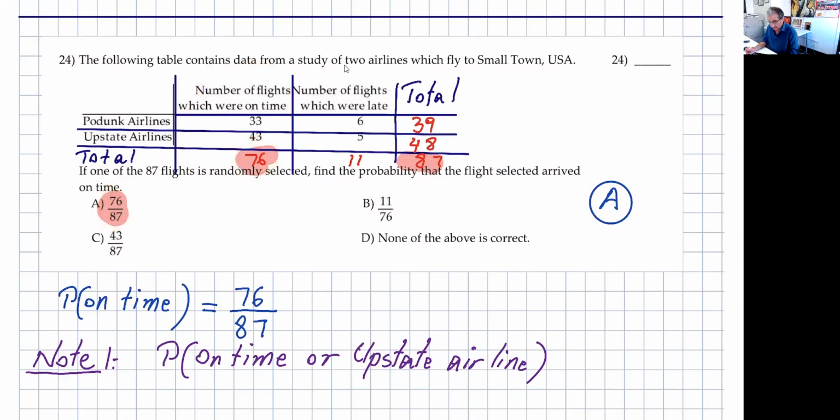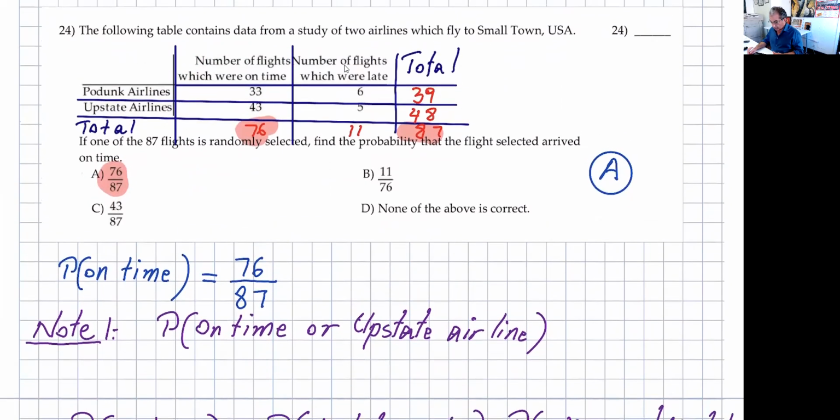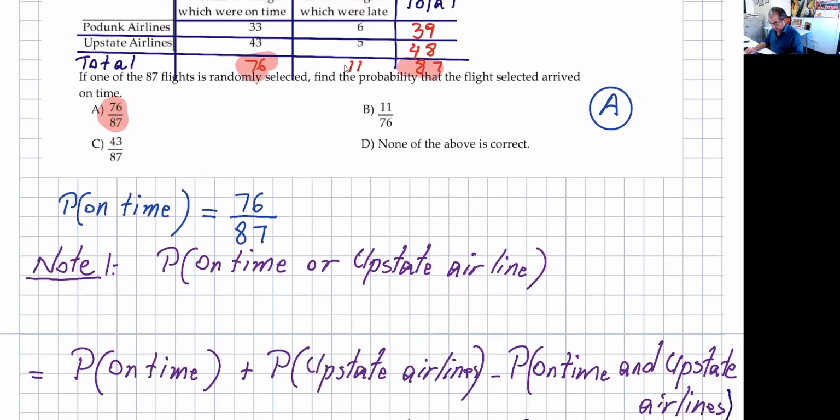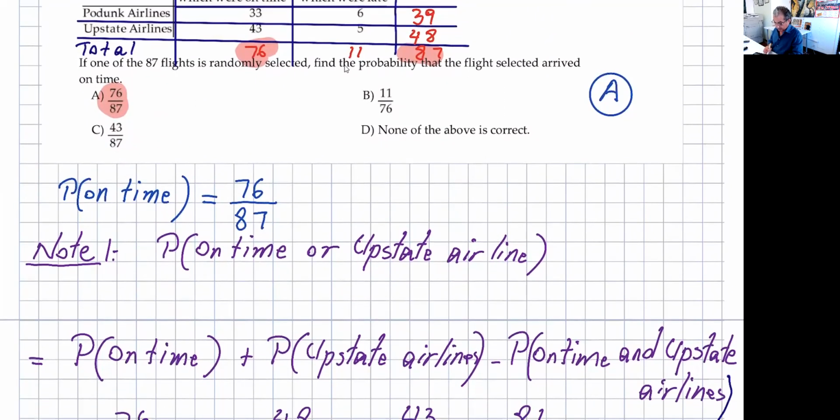Now for this problem, I took a couple of notes because you can have questions like this on the exam with a table. The probability that the flight is on time or upstate airline. When you hear a question like this, use the addition formula. Probability of on time or upstate is probability of on time plus probability of upstate minus probability of on time and upstate.